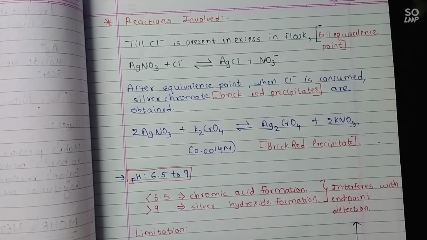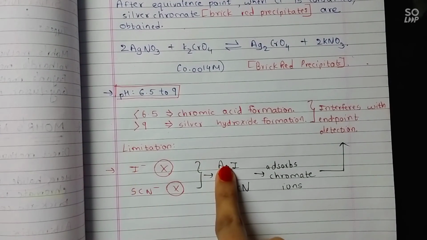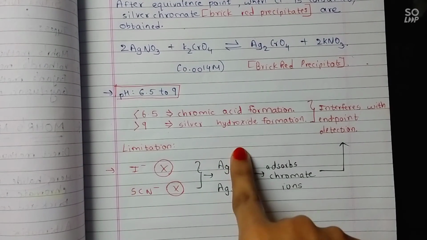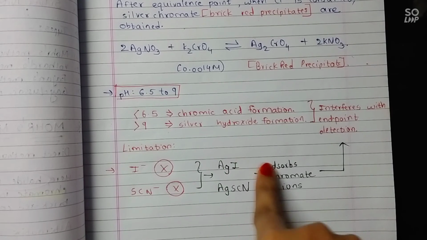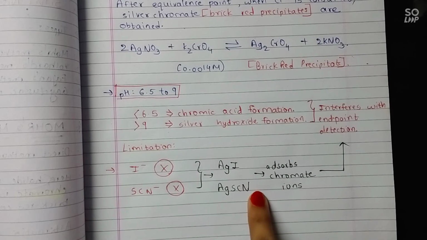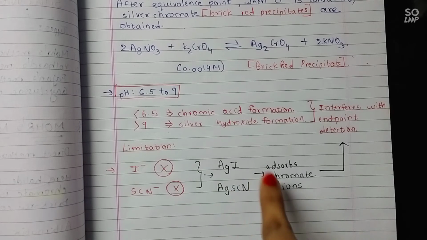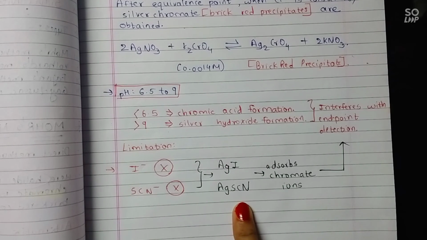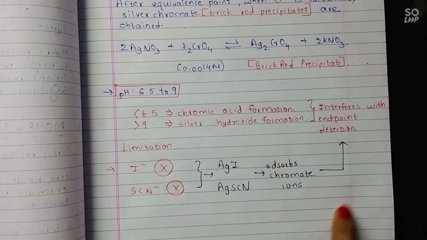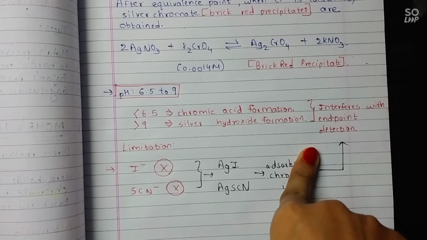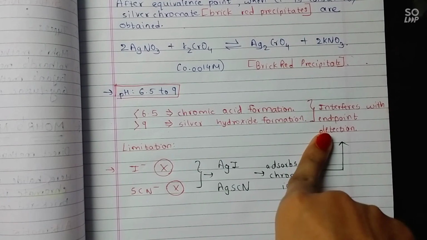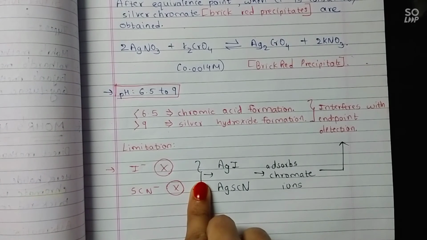AgCl, right? Here we will be getting similarly AgI, that is silver iodide, and here we will be getting silver thiocyanate. Now both of these will absorb the chromate ions, and again it will give false information. It will interfere with the endpoint detection, and hence this is another limitation for Mohr's method.